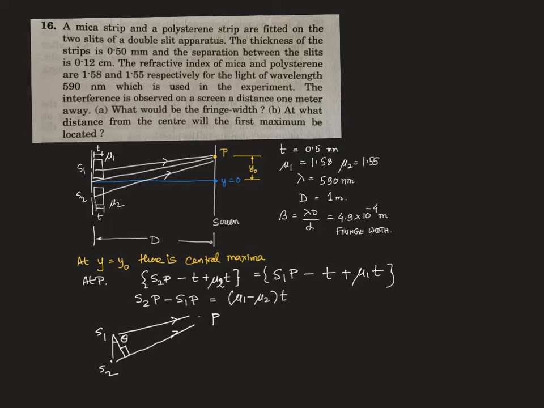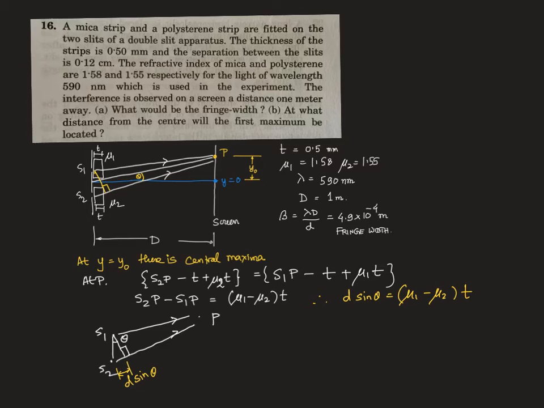If you look at this figure, the angular position of the point P is theta. So if you drop this perpendicular, S2P minus S1P, the geometrical path difference, happens to be d sine theta, right? So d sine theta is equal to (mu1 minus mu2) times t.